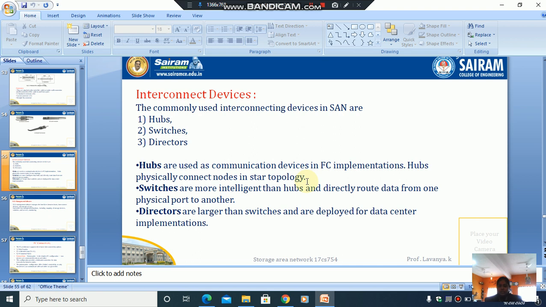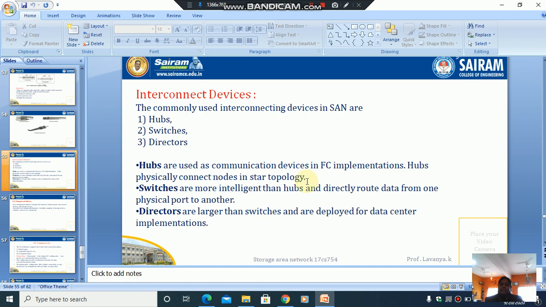The function of directors is similar to Fibre Channel switches, but directors have a high port count as well as fault tolerance capability.